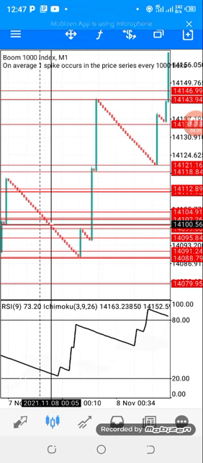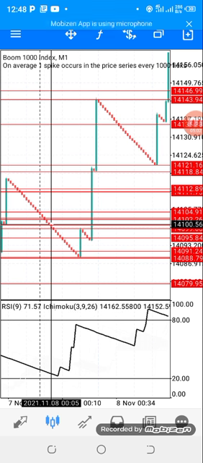I repeat, look for a bullish candle that engulfs a minimum of 10 bearish candles. Once you're able to identify that, draw your support line below the opening of that spike candle. I repeat again, draw your support line below the opening of the bullish spike candle.